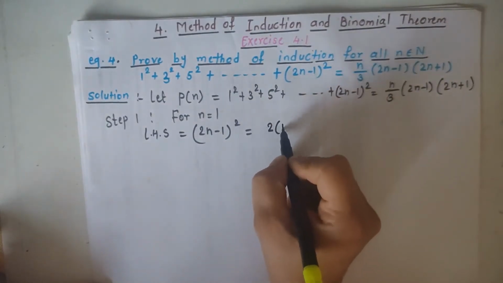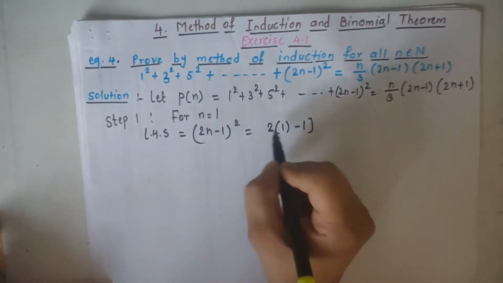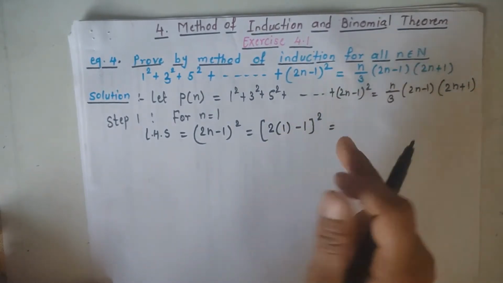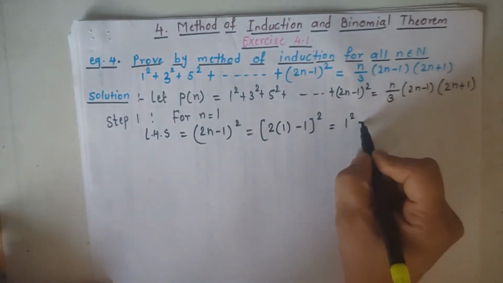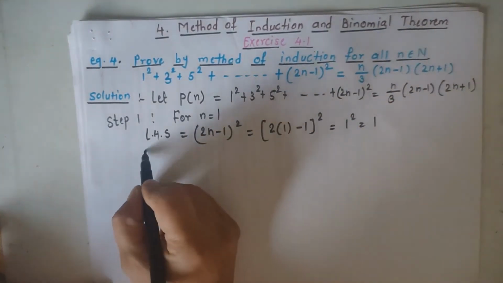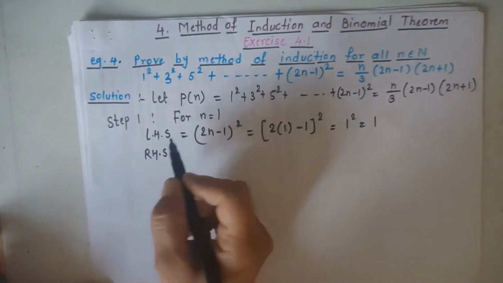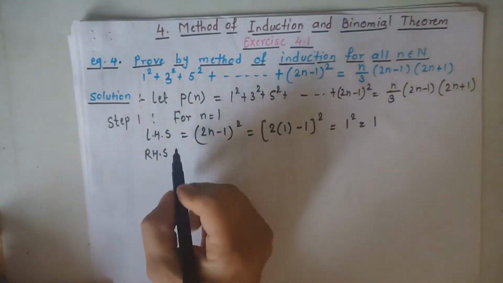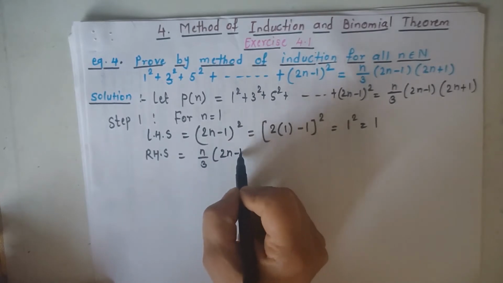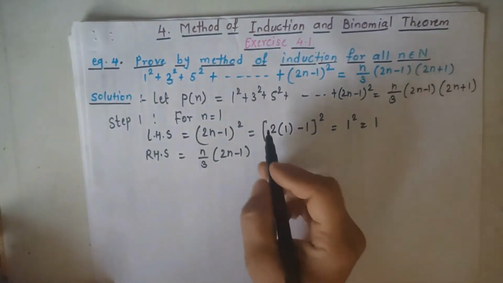So (2 into 1 minus 1) bracket square is equal to (2 minus 1), that is 1 square. 1 square is equal to 1. So here LHS is equal to 1 and RHS of the given statement is n by 3 into (2n minus 1) into (2n plus 1).